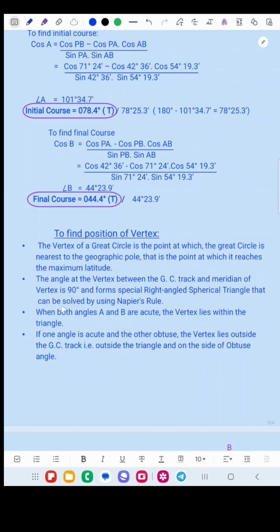And to determine whether the vertex will be outside or inside: when both angles A and B are acute, that is less than 90 degree, the vertex lies within the triangle.